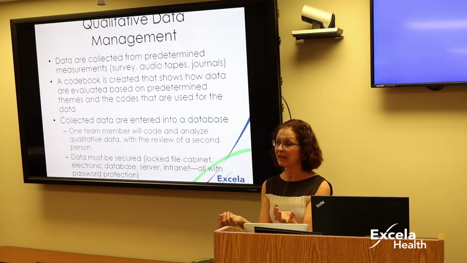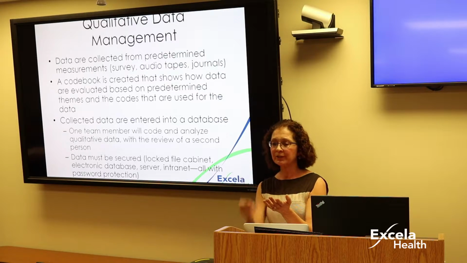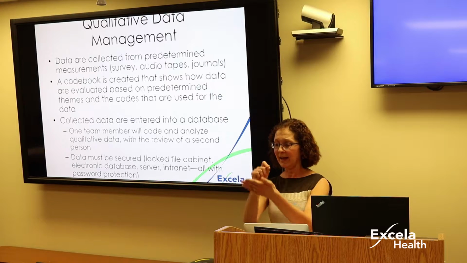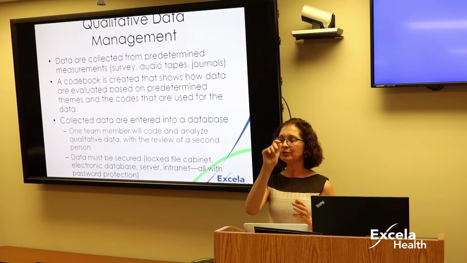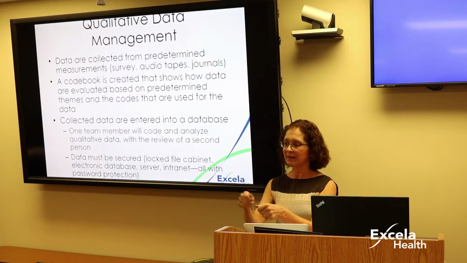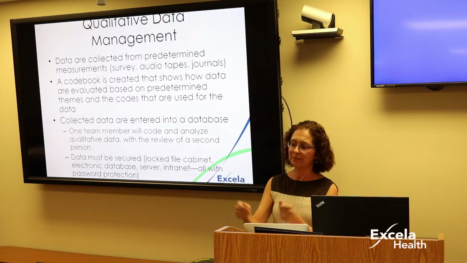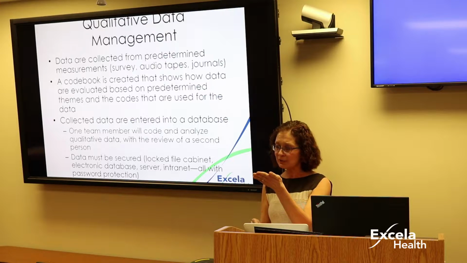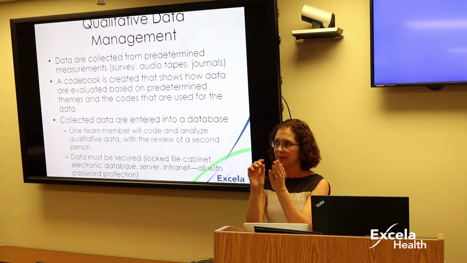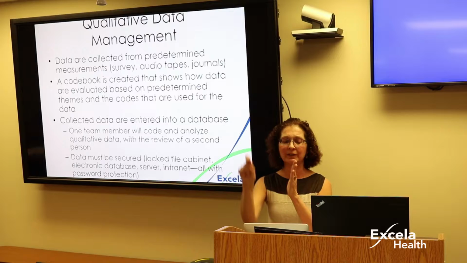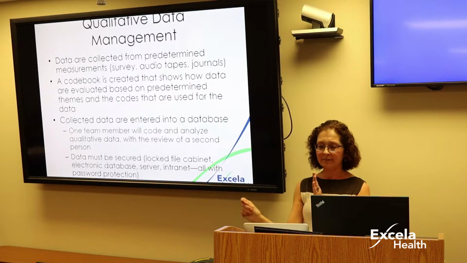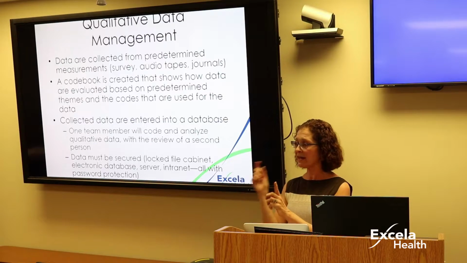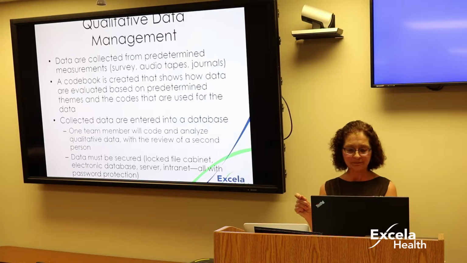Like if you're in a simulation lab and you're watching what the nurse is doing, you're going to have it all broken down into step 1, clean the skin to put the IV in. Step 2, open the step 3. So you're going to have that checklist in place to make sure that they're following the protocol that you've set up for inserting that IV. So that could be qualitative data, what they're saying, what they're doing.